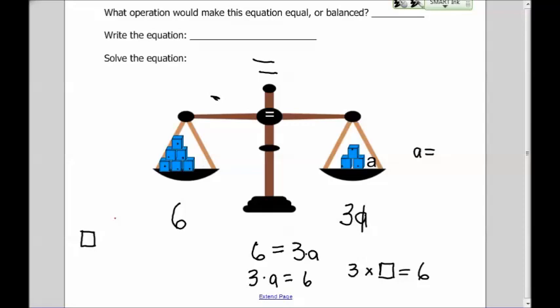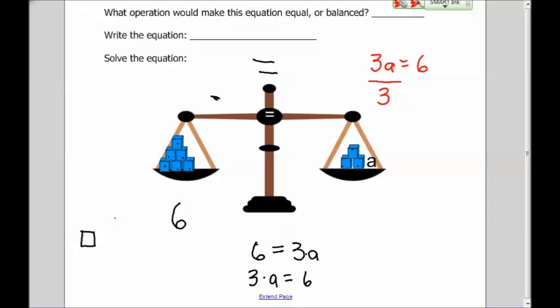Let me show you mathematically how that works out, though. Okay, this is a stretch. I'm showing you that you don't have to do it this way, but I'm just showing you mathematically how you would solve this. To get the A by itself, there isn't an addition or subtraction sign. It's multiplying. So to get the A by itself, you do the opposite. So instead of multiplying, I'm going to divide by 3. 3 divided by 3 is 1.